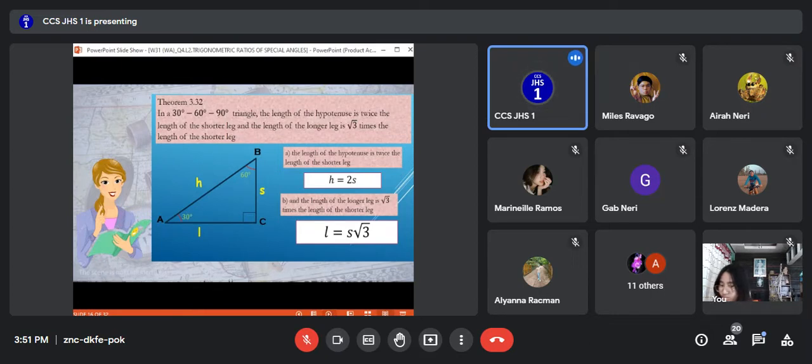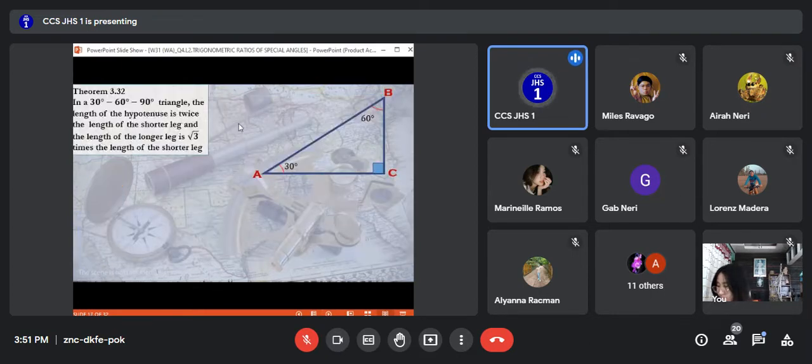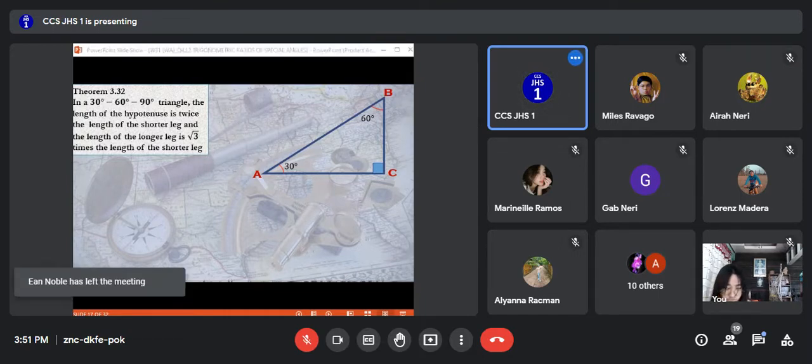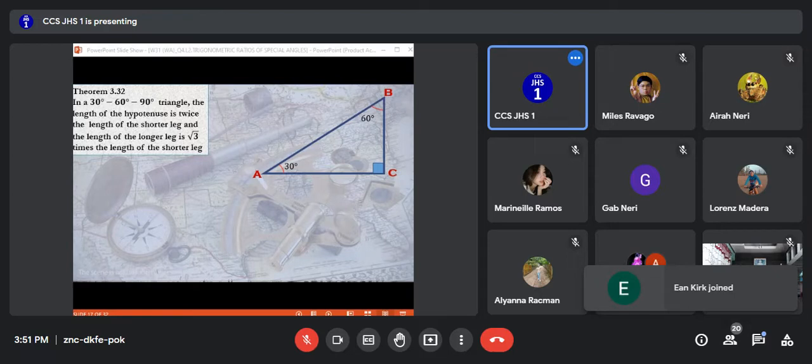Okay, let's recall our triangle. I have here triangle ABC. We will apply theorem 3.32 on this triangle. What if my hypotenuse is 2?